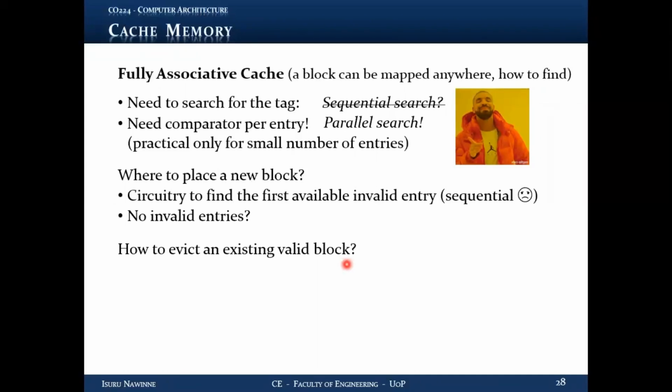Now with this fully associative cache architecture, we have to find a cache entry to evict again. So what is the cache entry that we should throw out? What is the ideal policy behind it? Can someone tell me?